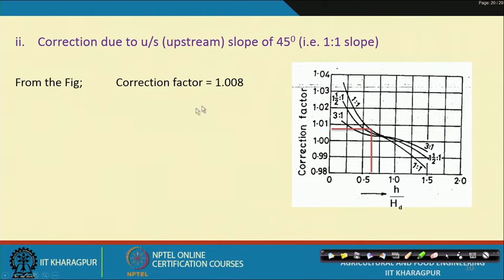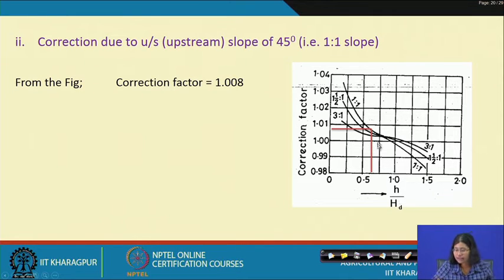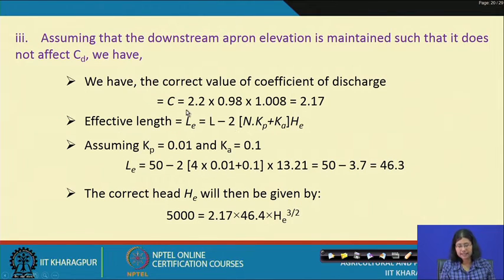Now, we correct for h upon h d, this is given, and this is the corresponding slope at 1:1. We assume the trapezoidal channel with 1:1 slope, and the corresponding correction factor comes out to be 1.008. The total correction factor is now a combination of C as 2.2 multiplied by 0.98 and then 1.008. So, the value comes out to be 2.17.